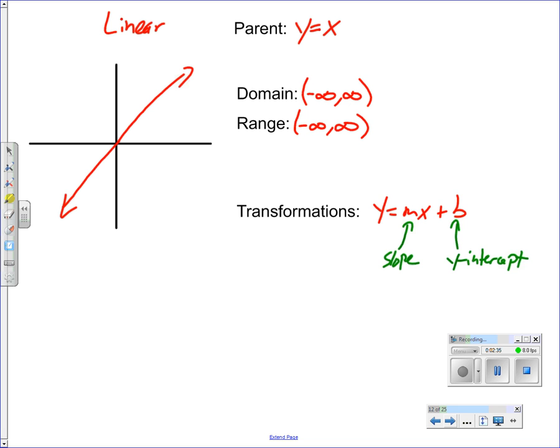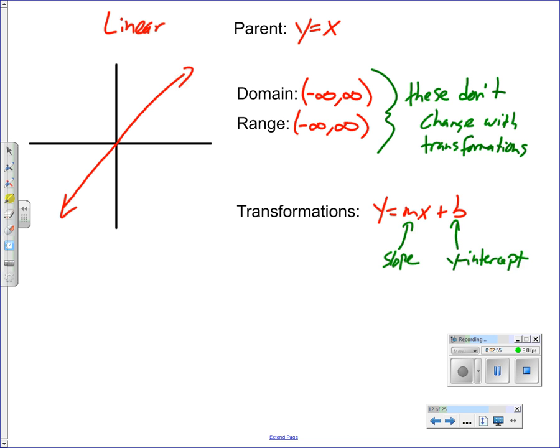But no matter what we change our slope or y-intercept to, that's not going to change our domain and range. So that's just a snapshot of everything we covered with linear functions.